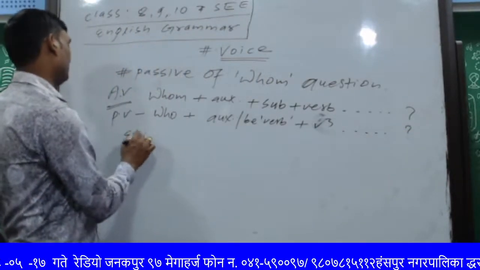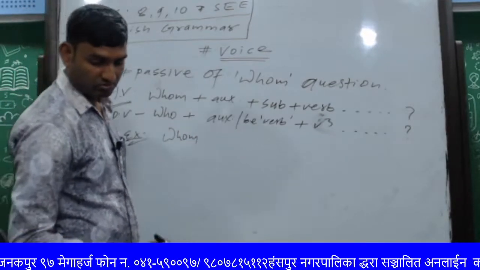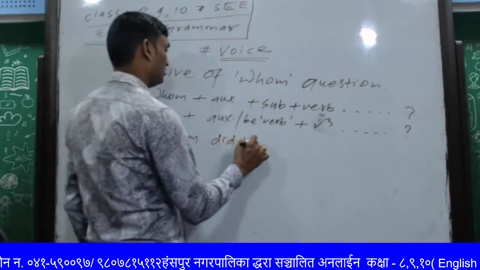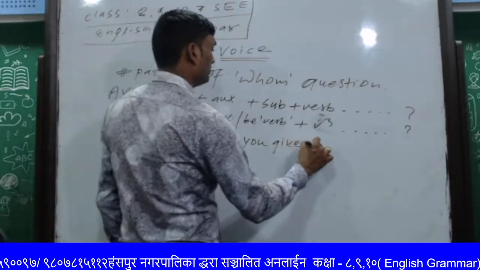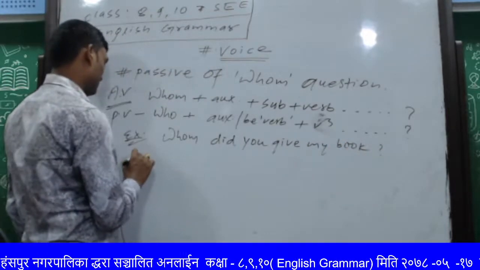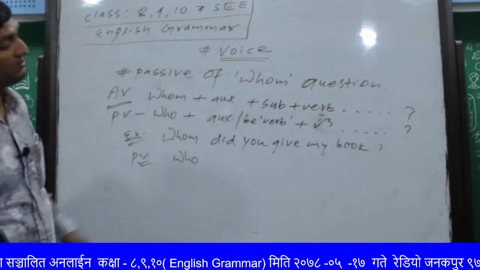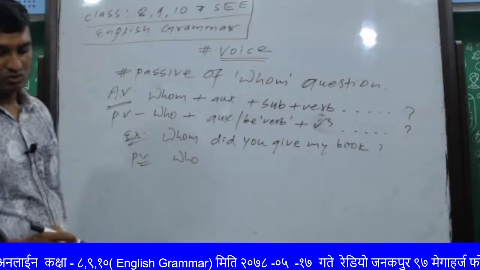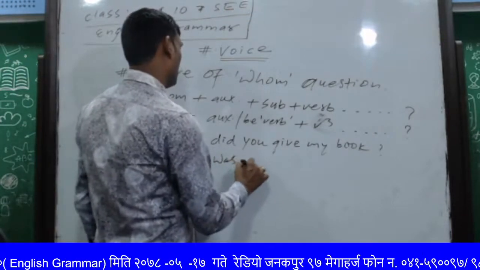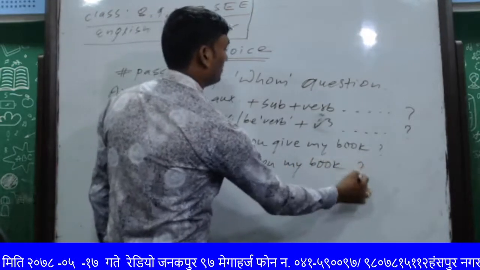For example, "Whom did you give my book?" The passive of this: "who", then "did you give" means simple past tense. So, "Who was given my book?"